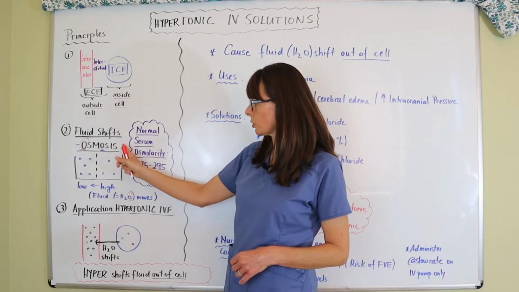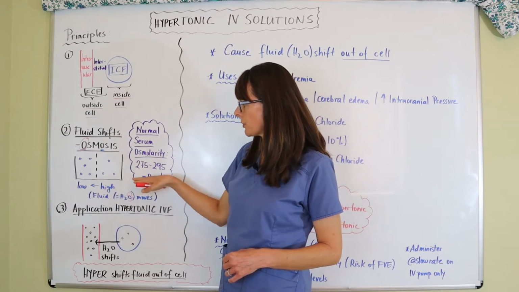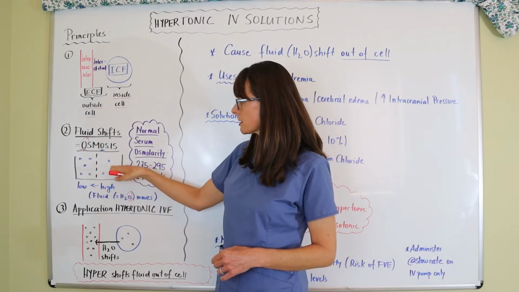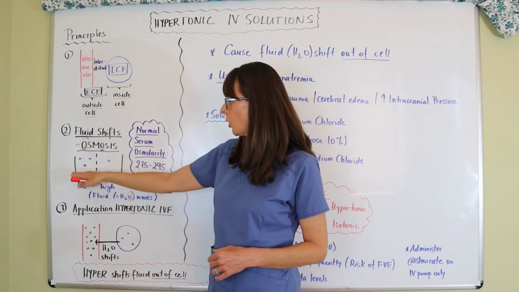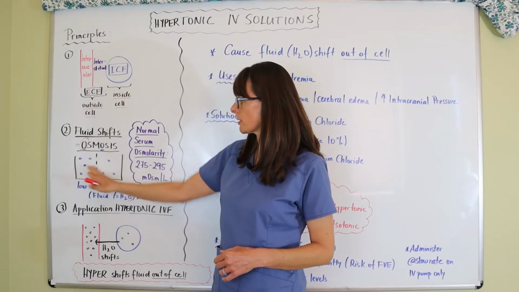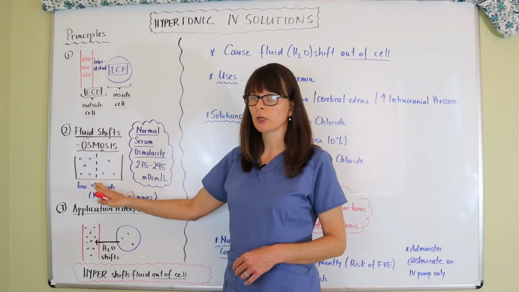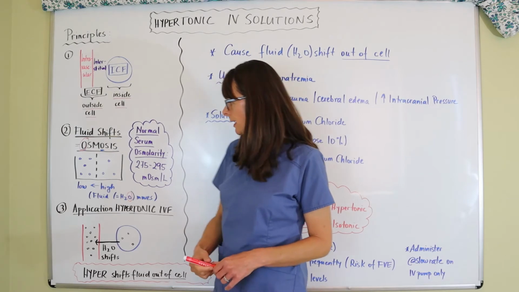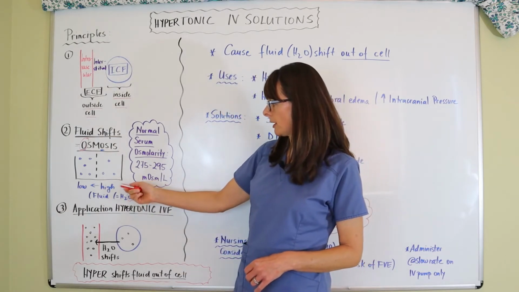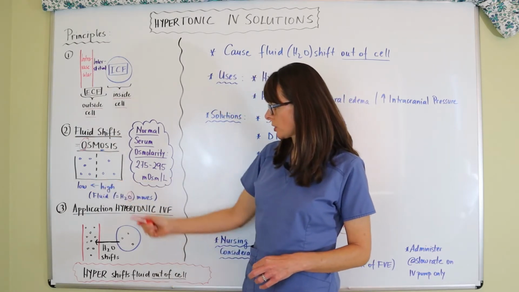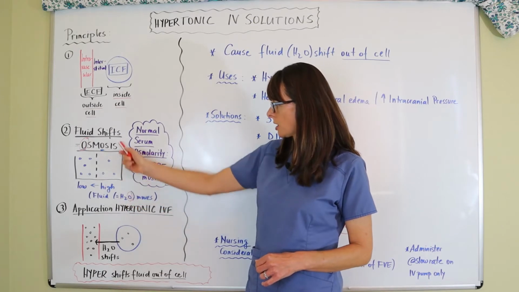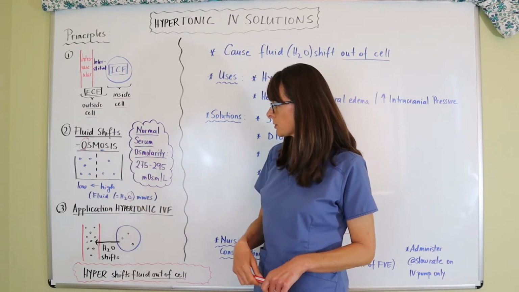So with osmosis, the water is going to shift from the right to the left, trying to equalize these two fluid compartments. The fluid moves from the area of lower particle concentration to higher, and the H2O, osmosis, water moves.